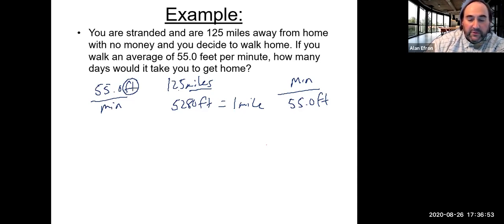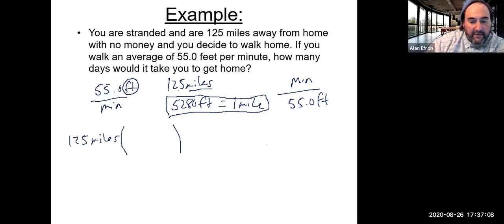So the first conversion I'm going to do is going to use this equality that we talked about last time, that there are 5,280 feet in a mile. So I'm going to take my 125 miles, which is basically my distance. I am going to use that conversion. Again, opposites in terms of the units. So 1 mile on the bottom and 5,280 feet on top.